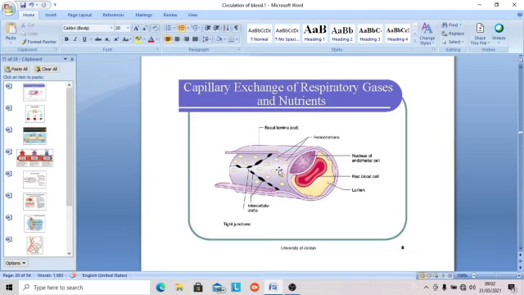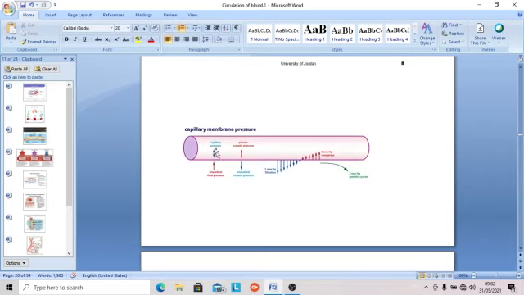There is a fenestra between these, where material can pass from here. These are tight junctions between cells, and there is fenestra. And this is the basal lamina. This is the nucleus of the endothelial cell. This is the RBC. So it can pass like this.